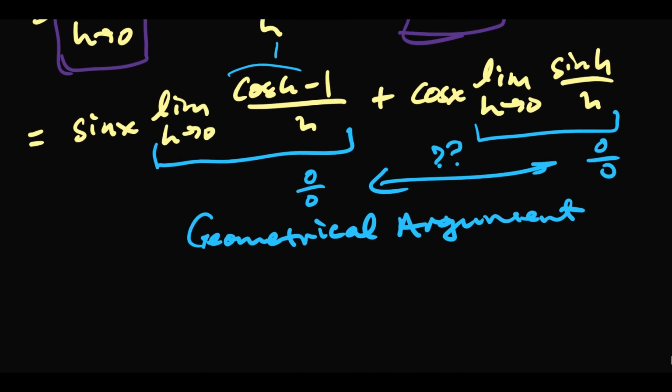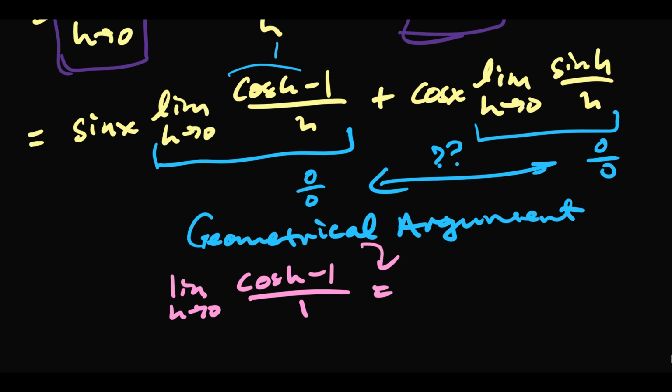Look in the book. But it turns out that the limit as h goes to 0 of cosine of h minus 1 over h, when you do some geometry, there's another way to do it using what's called L'Hopital's rule, but that's not until like chapter 4. The geometrical argument shows that this is actually equal to 0.